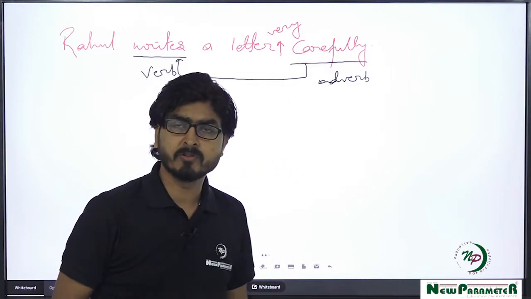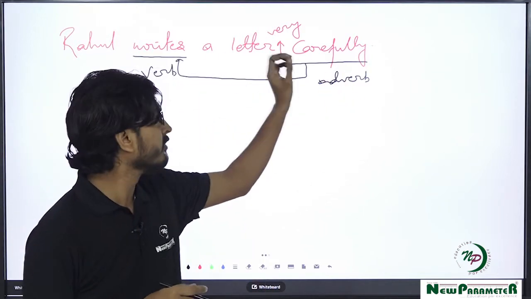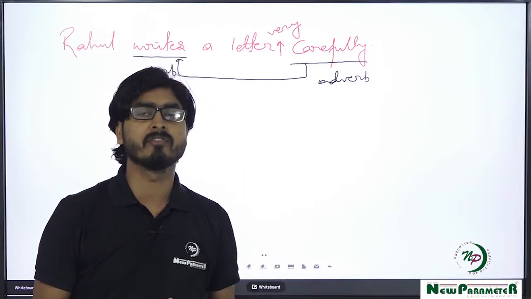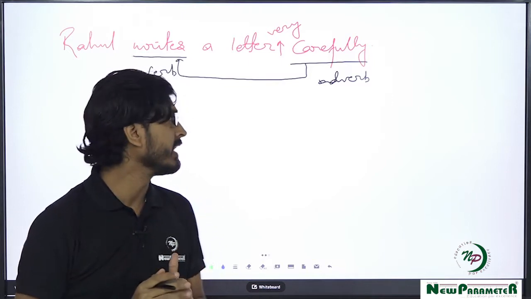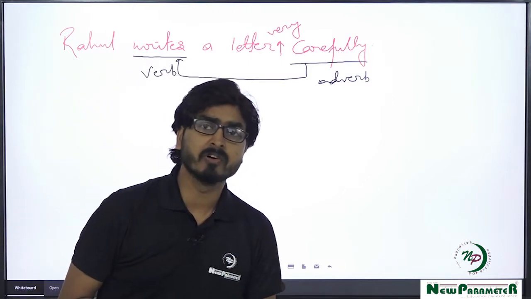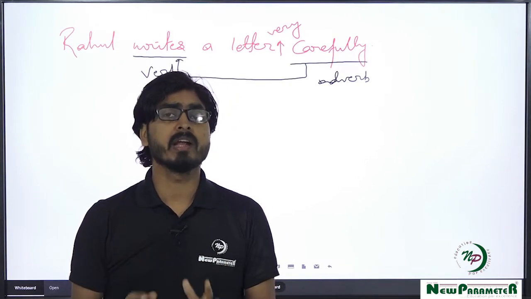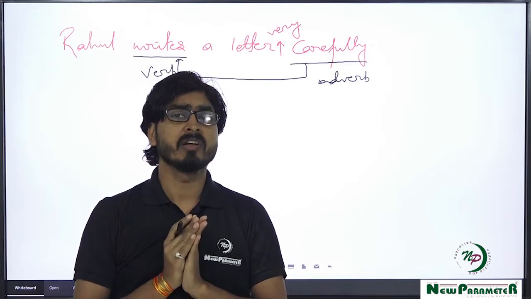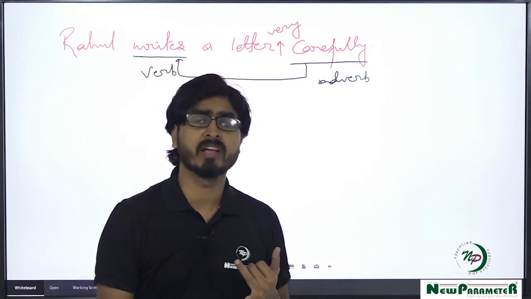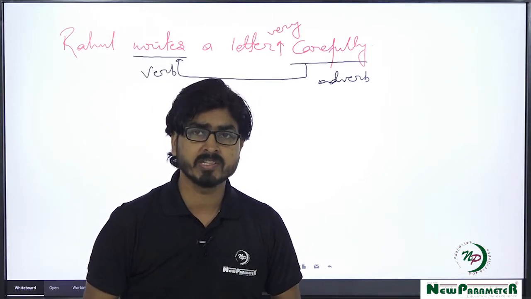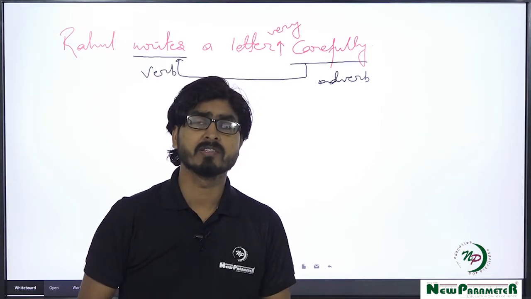So very has been used not for writes but for carefully. So whatever word we use to modify an adverb, that word would always be an adverb, not an adjective and not any other part of speech. So I hope you have got how to modify a verb, how to modify an adjective, and how to modify another adverb. Now we'll see how it modifies the whole sentence.